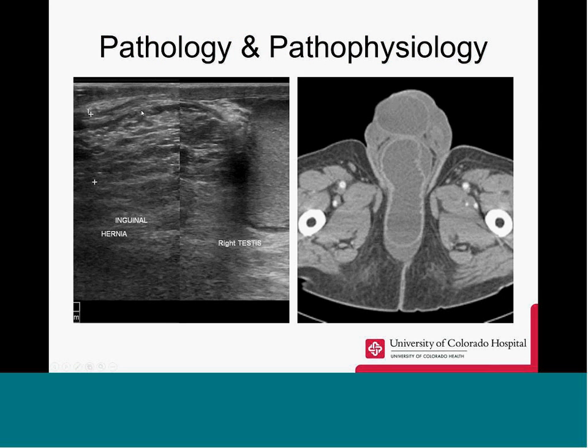Here we can see a sagittal sonogram of the testicle. This is the spermatic cord area. We see a highly echogenic structure protruding into the inguinal canal with a Valsalva maneuver. Here on CT, we can see actual small bowel within the scrotum itself.